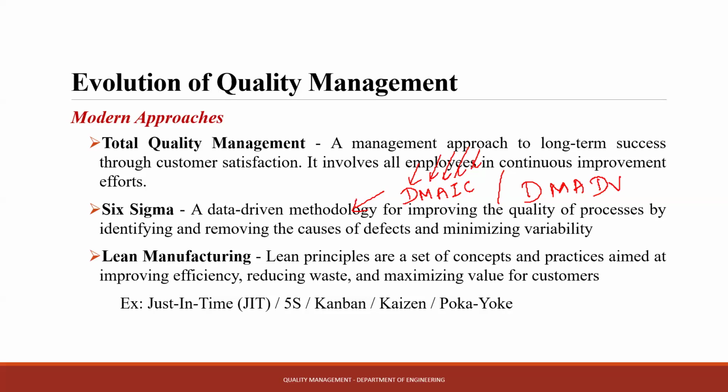We will discuss them in detail. Just-in-time production focuses on producing only the products that are required. We produce or deliver the products when they are really needed, to reduce the waste and the inventory cost.